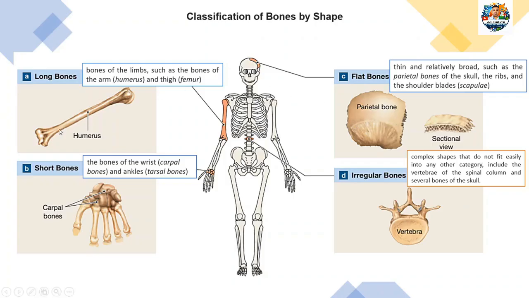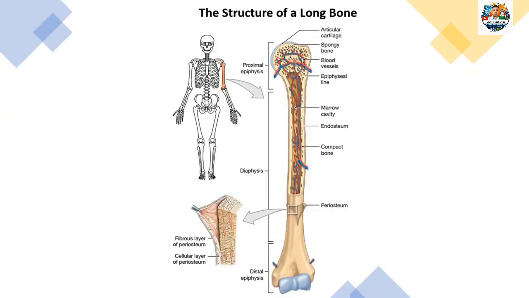So in the further discussion, we'll take the long bone as an example. You see, the structure of a long bone is a representative example for the structure of bones in general. As you see here, this long bone consists of 3 parts: 2 epiphyses at the ends of the bone.